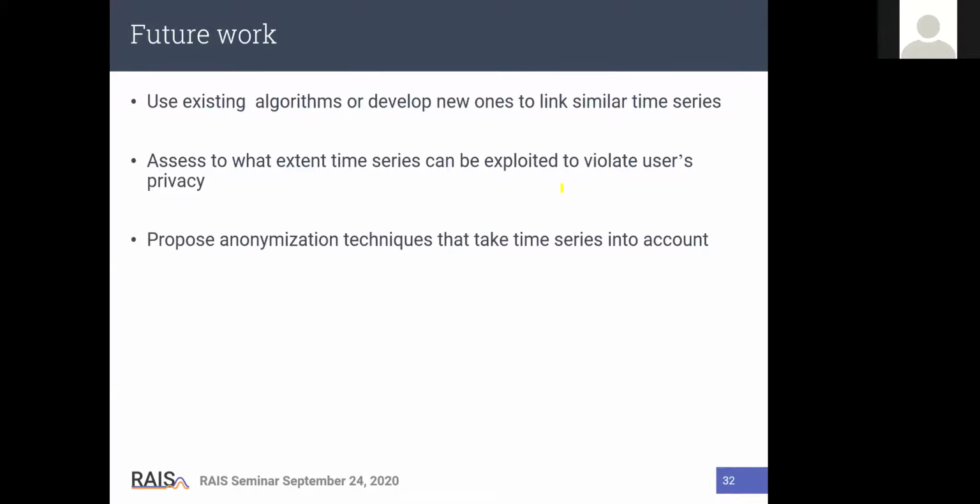And then the idea is to assess how threatening this is, how much of a real threat it is that this kind of time series data leaks information on the users, and if they actually reveal to be a threat, to propose some possible new anonymization techniques that take into account also time series data and not only these fixed quasi-identifiers.